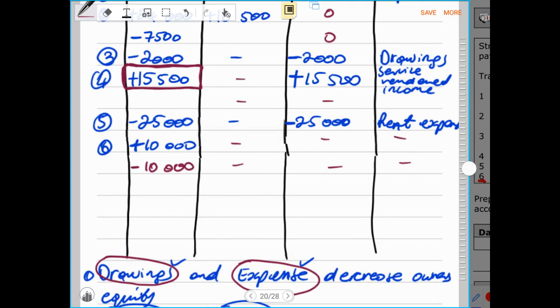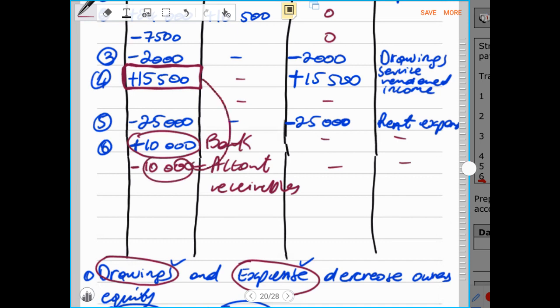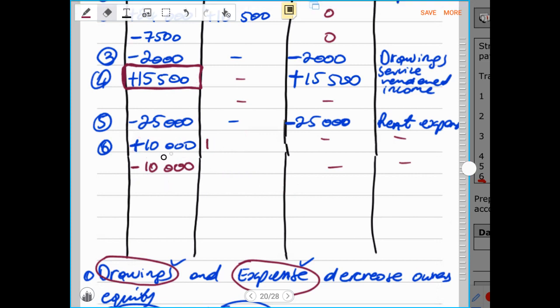The 10,000 is the money in the bank. We received 10,000, and this is decreasing account receivables, which reduces the 15,500 recorded previously. So now we have recorded all the entries needed for these transactions.